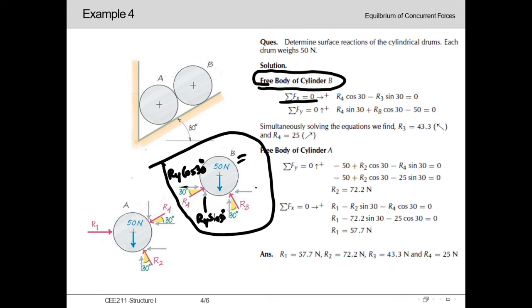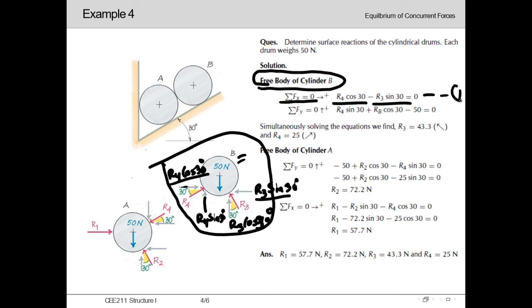Similarly, this will be R3 sin 30, and this is R3 cos 30 degrees. Now using all the x directional force values, R4 cos 30 is acting rightward, so plus R4 cos 30, and R3 sin 30 is acting leftward, so negative R3 sin 30.